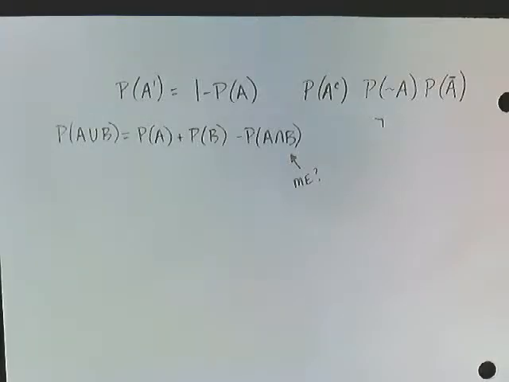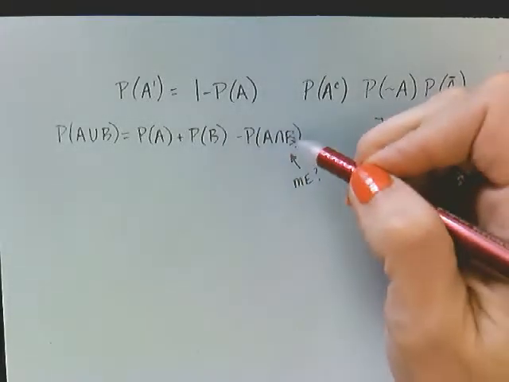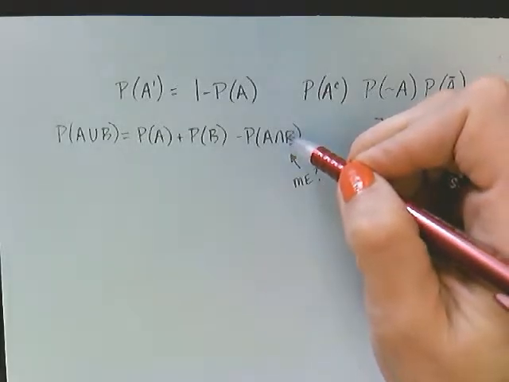Then you have to ask yourself, are brown and orange mutually exclusive? Meaning, can they overlap? Can they happen at the same time? Can I have an M&M that is both brown and orange at the same time? No. So what am I subtracting? 0 out of this situation.